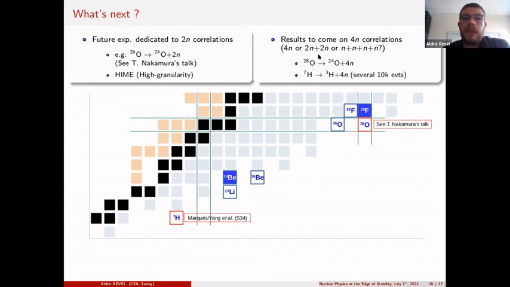In the case of oxygen 28, from what Nakamura-san mentioned, it seems that it's more the case where 2 neutrons are emitted toward the ground state of oxygen 26 and then 2 other neutrons toward oxygen 24.